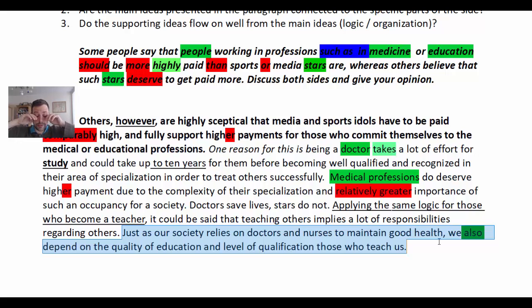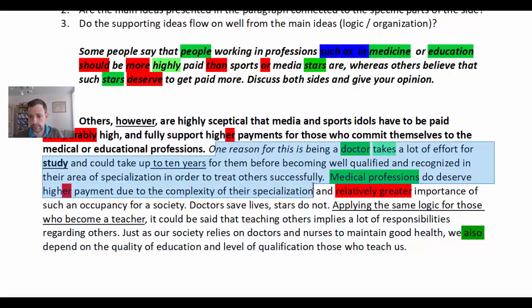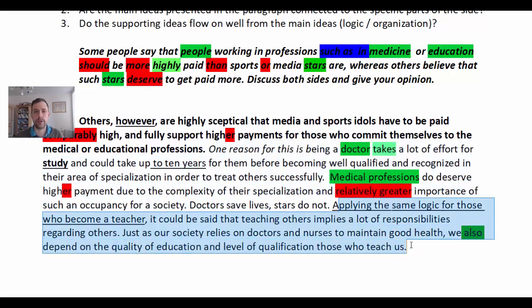A lot of candidates who organize things a bit more mechanically, in the first part of the writing, here they'll talk about doctors. And then in the second half of this paragraph, they'll talk about teachers. What makes your writing stronger is if you can link them together. And this author has done that by focusing on how useful they are for society.